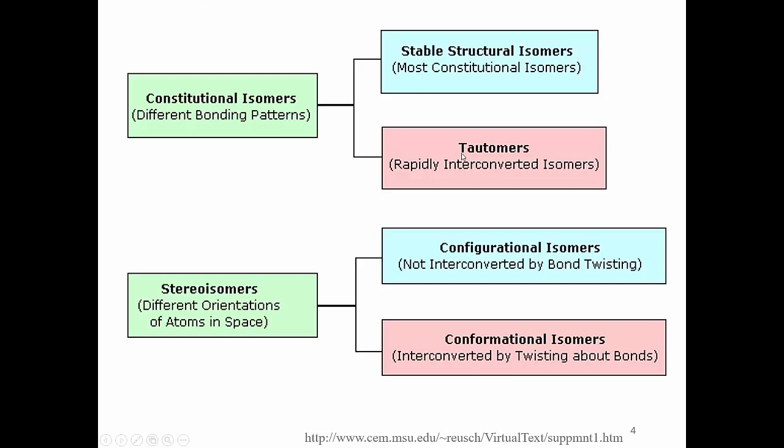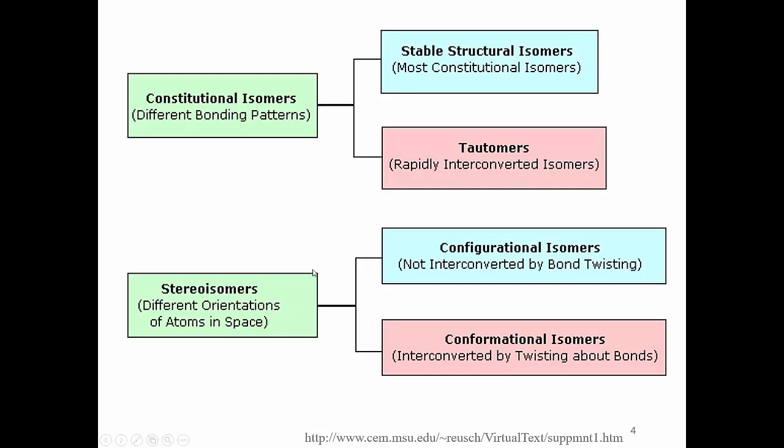These are compounds that are rapidly interconverted to one another, and it usually involves the movement of some atom and bond or bonds. They can rapidly interconvert back and forth, and so we often don't have only one of these present. Sometimes even if we had the pure compound to start with, there would become some population of the other. The next slide will actually show some examples of this.